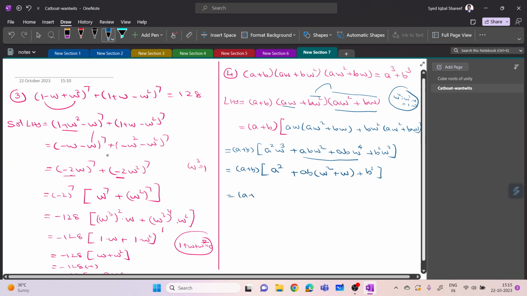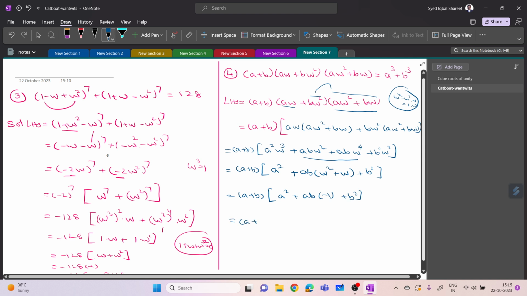So this is A plus B into A square plus AB omega square plus omega, and omega square plus omega is minus 1, so minus AB, plus B square.